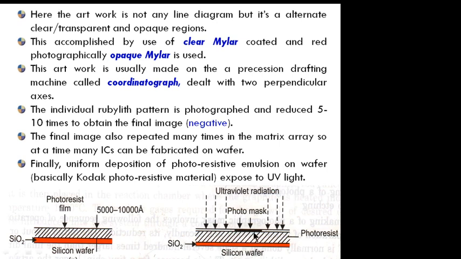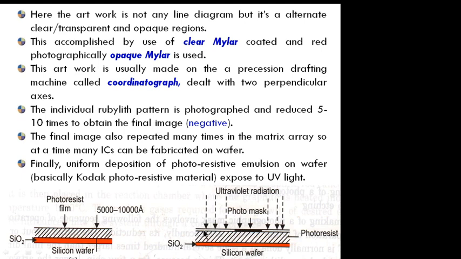So here you can look at this: the SiO2 layer is deposited on the silicon, and this SiO2 is covered by a very uniform photoresistive material, and this photoresistive material is capped with the mask.